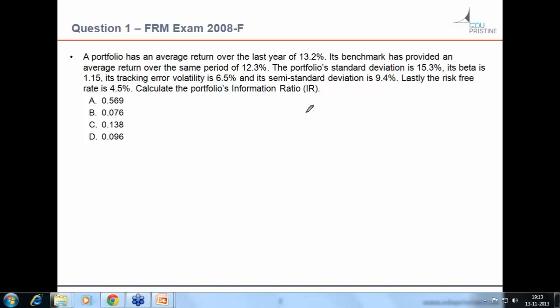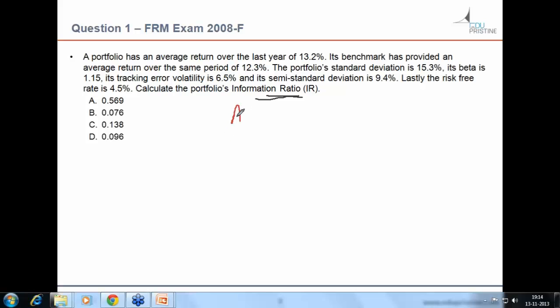So many values. Finally, what is it telling us to calculate? Information ratio. The most important value is the information ratio. So you have to first of all take into mind what the question is telling you to calculate. In this question, it is telling to calculate the information ratio. First thing that should click in your mind is the formula of information ratio.